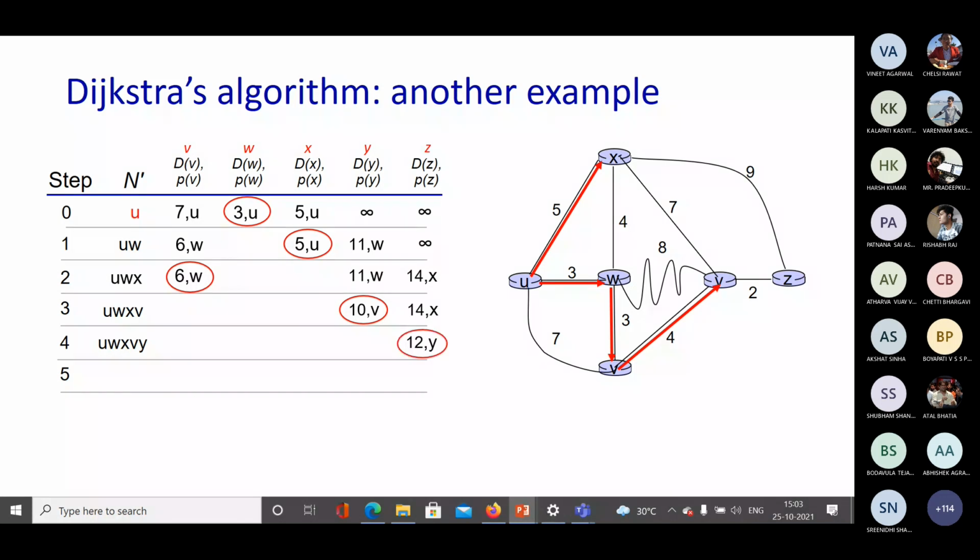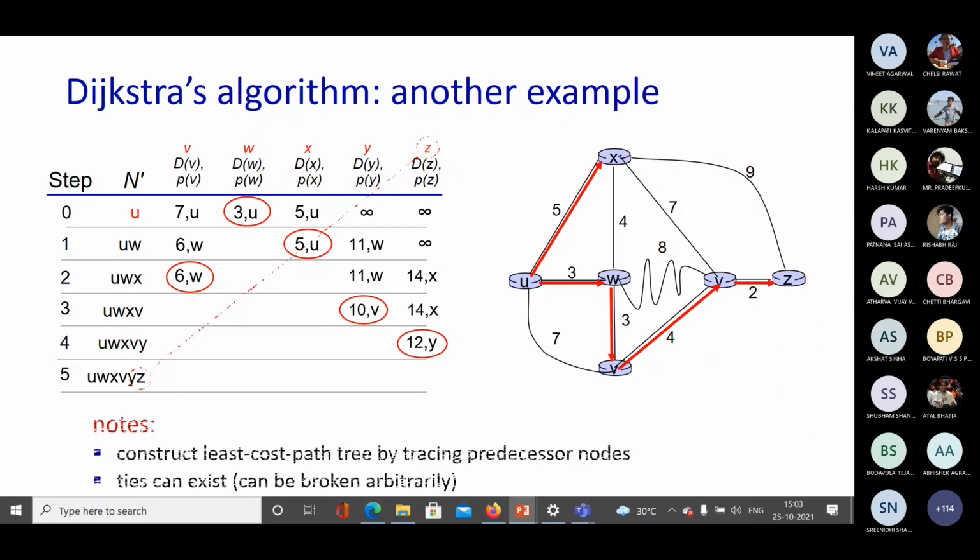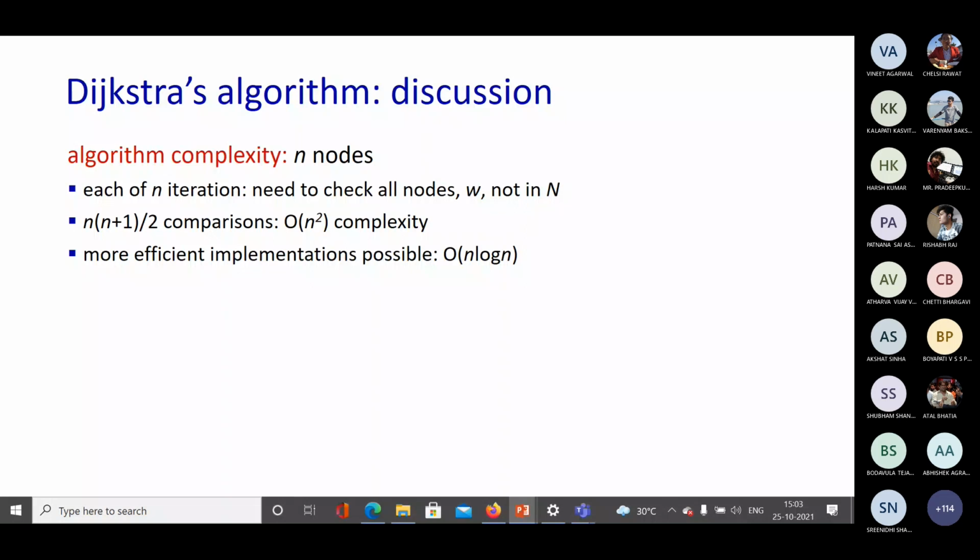So with the help of Dijkstra's algorithm, we can get the shortest cost path from a given node to all the other nodes present in the graph. Okay. So today we have to start with a short discussion on Dijkstra's algorithm.